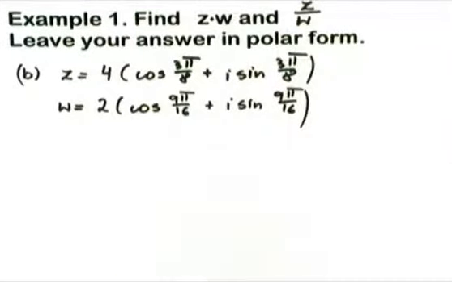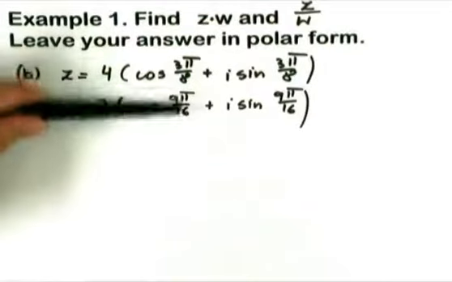Let's do B. The same story. Find z times w and z divided by w. And z is equal to 4 times cos 3 pi over 8 plus i sine 3 pi over 8. And w is 2 times cos 9 pi over 16 plus i sine 9 pi over 16. So when we multiply the r's, this is my r, and we add the angles.